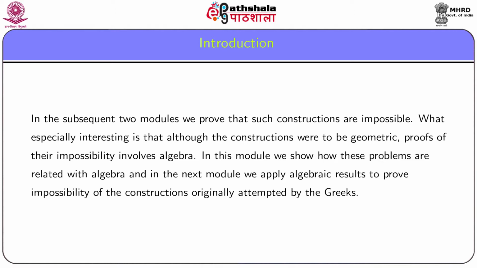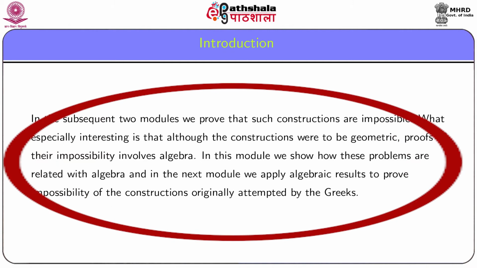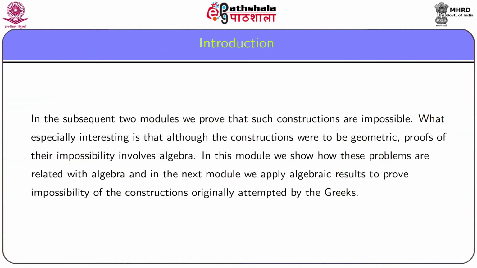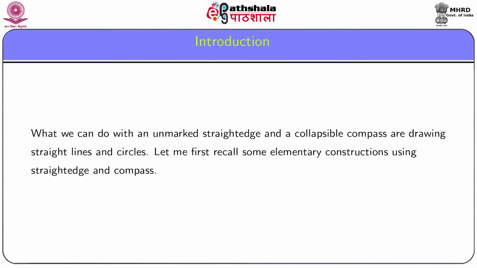In the next module, we apply algebraic results to prove impossibility of the constructions originally attempted by the Greeks. What we can do with an unmarked straightedge and a collapsible compass is draw straight lines and circles.